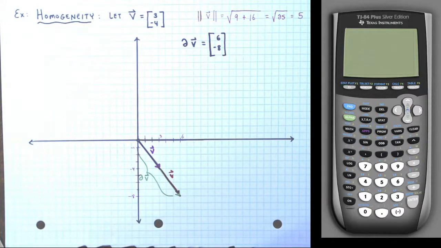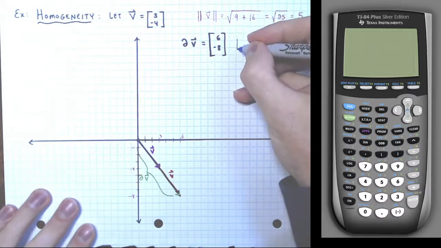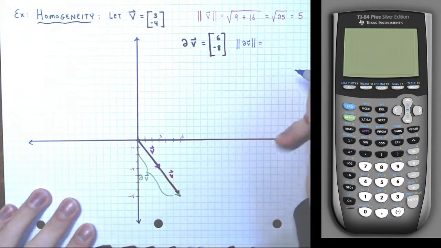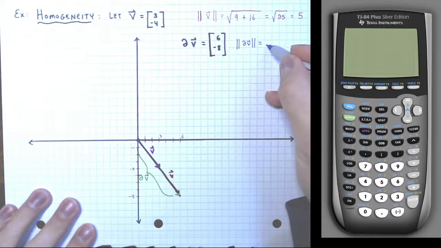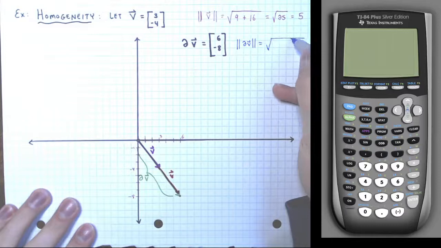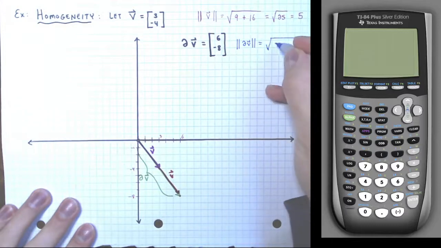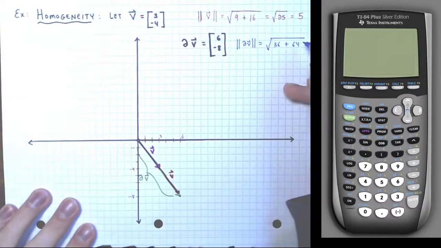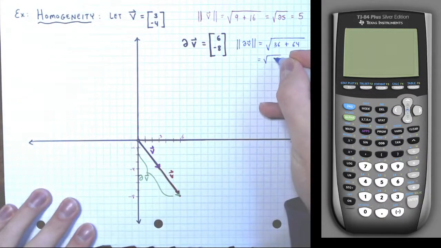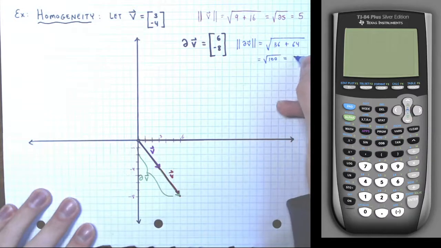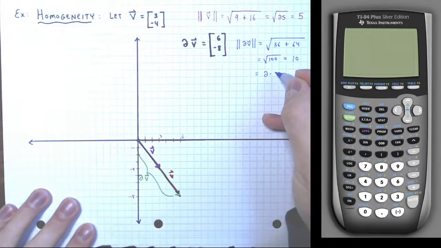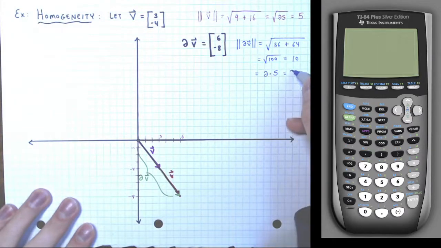So up here, let's do the norm of 2v using our little formula from earlier. The norm of this vector 2v is the square root of 6 squared, 36, plus negative 8 squared, positive 64. That's the square root of 100, which is a nice 10, which is 2 times 5, or 2 times the norm of v.